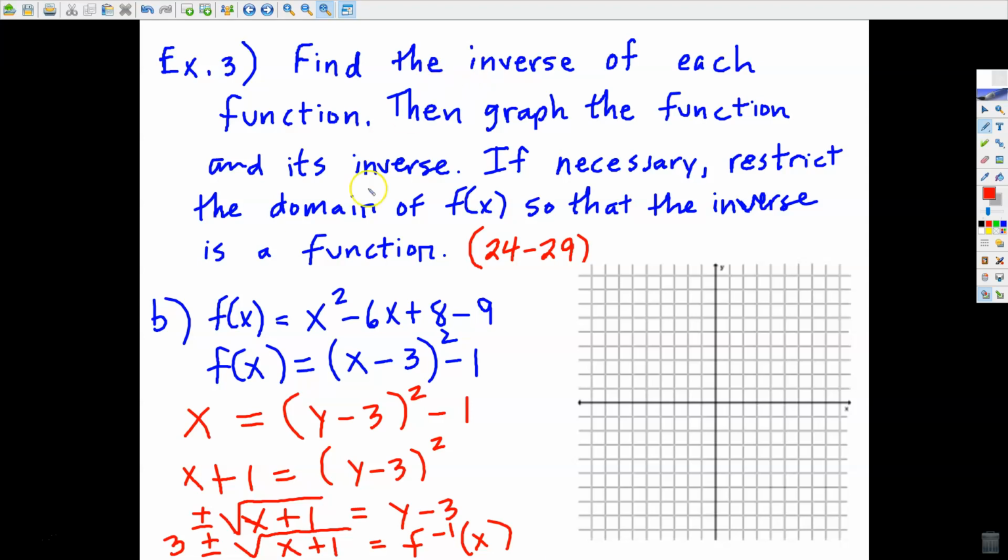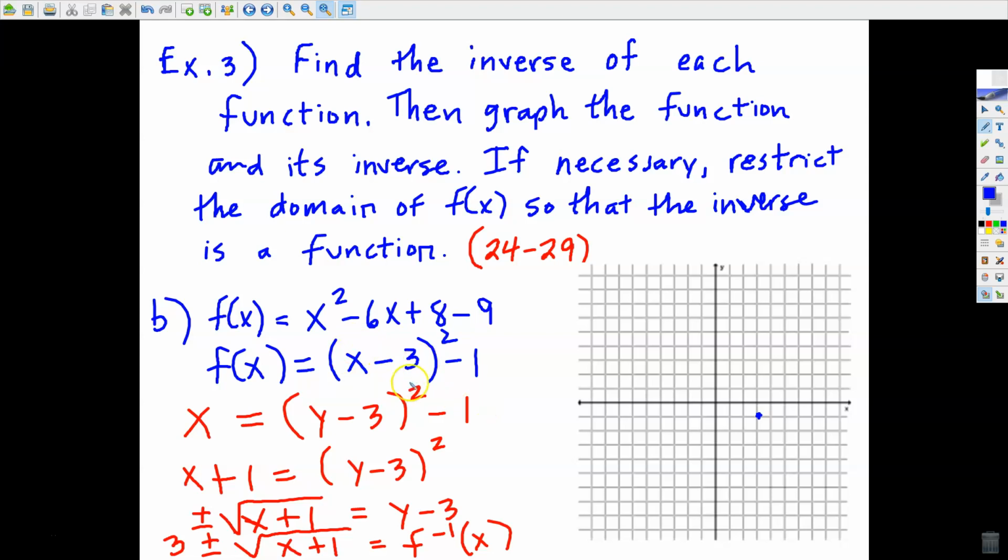Okay, now let's graph the original. And again, it's easier, I think, to graph out a vertex form because we can see the vertex. The vertex is 3, negative 1. And we just need to generate some points. So let's input 2. And what do I get for the output if I input 2?